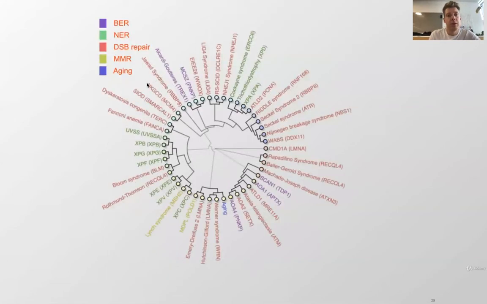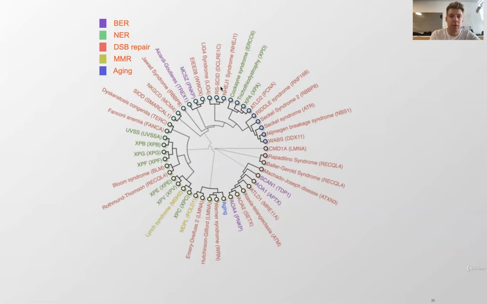And so here we show the hierarchical clustering again. We can see that there are some diseases that associate with each other. So the green here, I've labeled them based on the putative DNA repair deficiency. There's a DNA repair pathway called base excision repair, this one called nucleotide excision repair, this double-stranded break repair, mismatch repair, and I also included just aging.